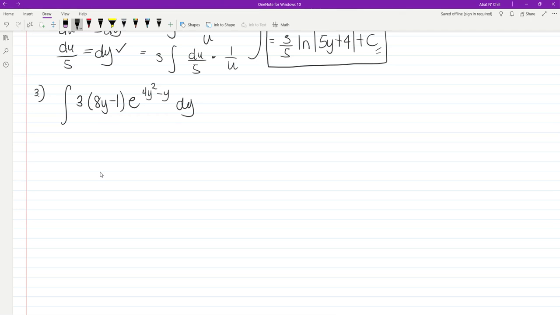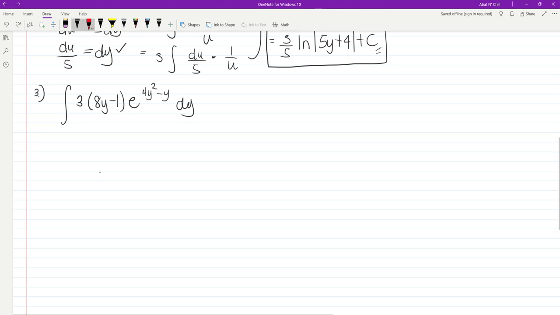If you know the U-substitution and carefully observe the given integral, we have e raised to 4y squared minus y here. If we try to get the derivative here mentally, this is 8y minus 1, which is actually this one. If we try to differentiate this.